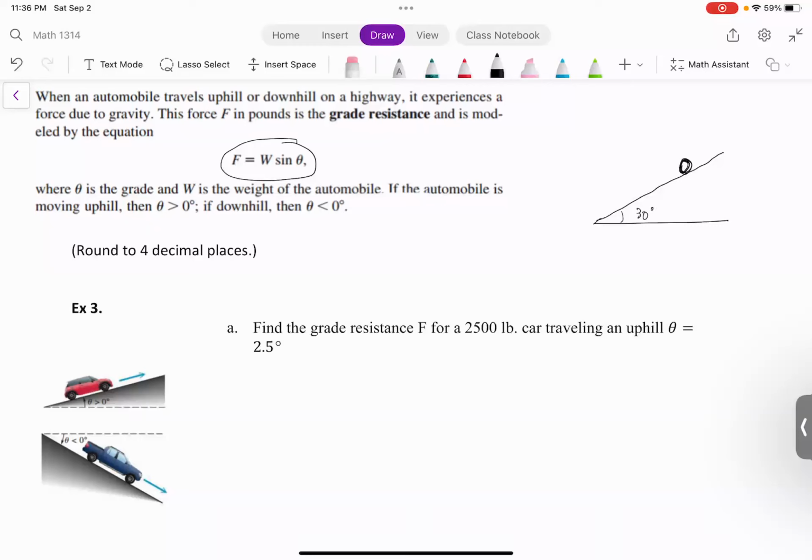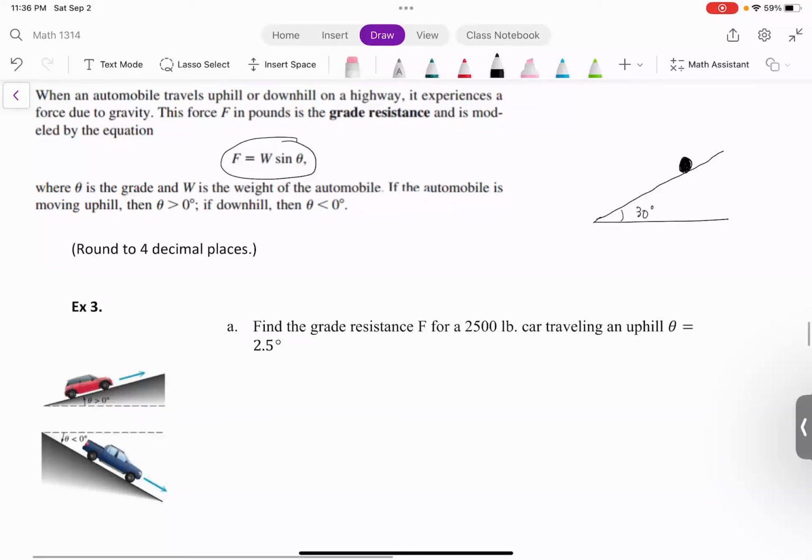I just make it like a solid ball, without drawing a beautiful picture. So the car has a weight. It's going down because all the weight is pointing to the center of the earth.